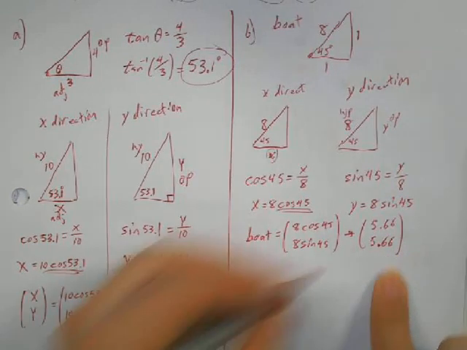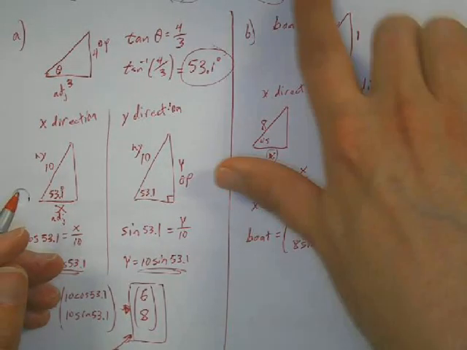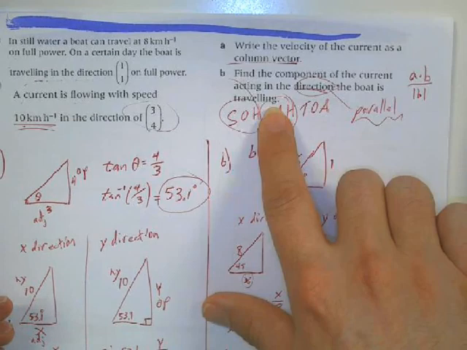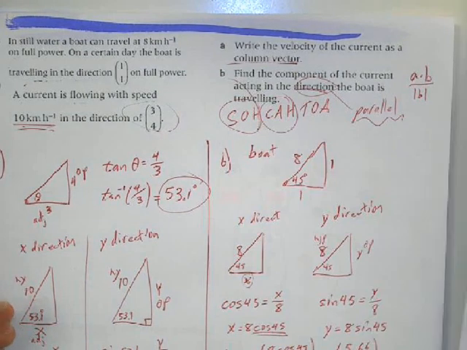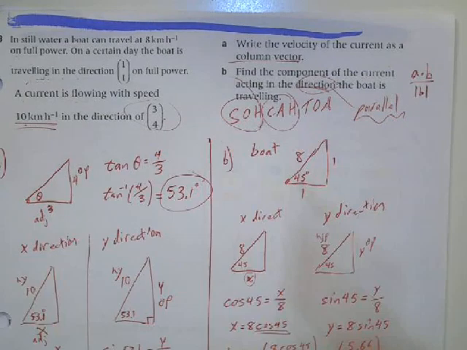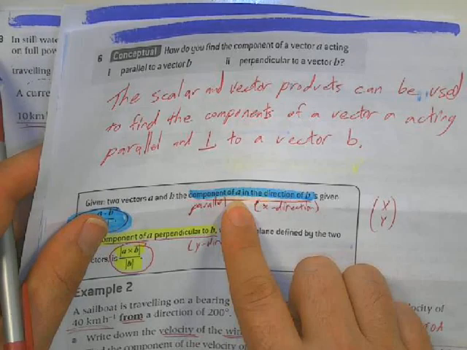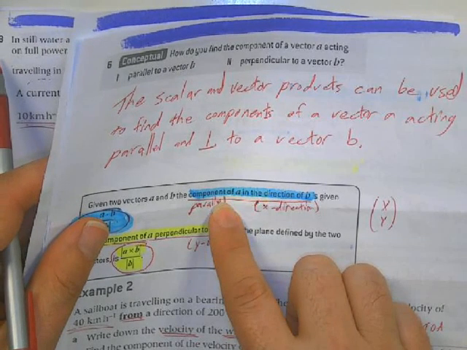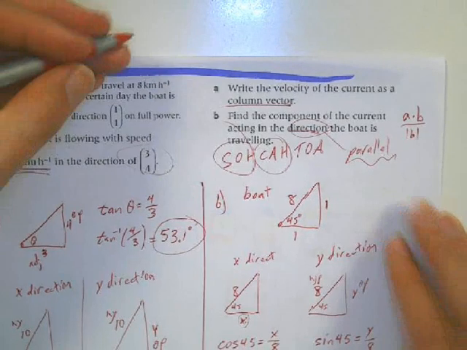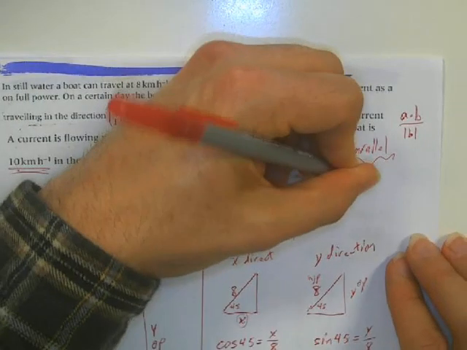Find the component of the current that is acting in the direction the boat is traveling. So the component of the current, the component of A. So A equals current.